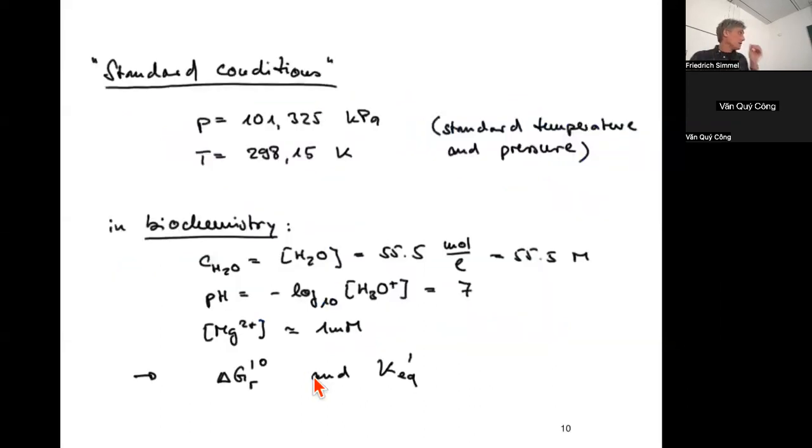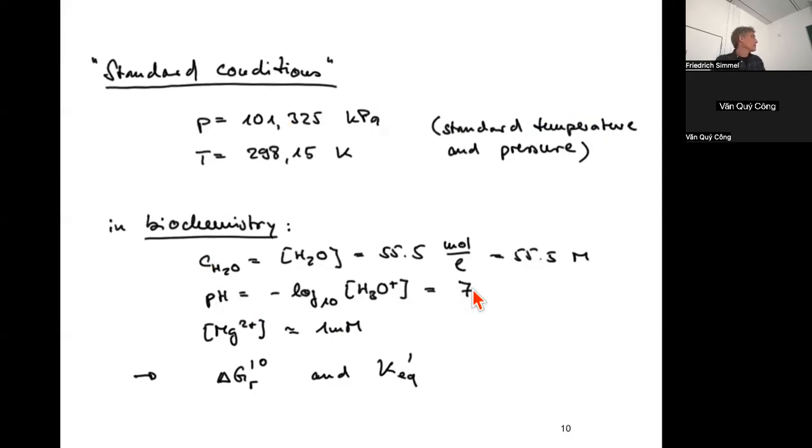Now, the standard conditions I already mentioned. In chemistry, one takes standard pressure and temperature as usual, these quantities here. And in biochemistry, there's this additional condition that the concentration of water is taken, that's 55.5 molar, and the pH is 7.